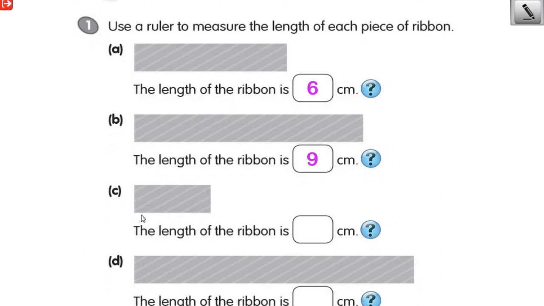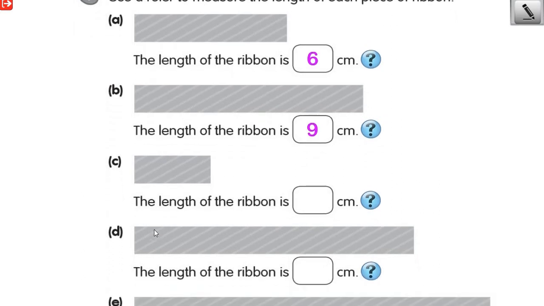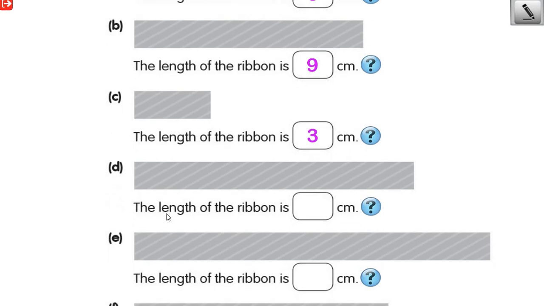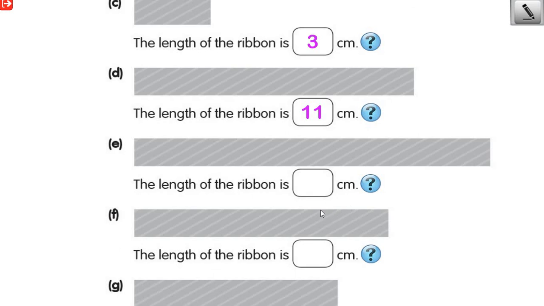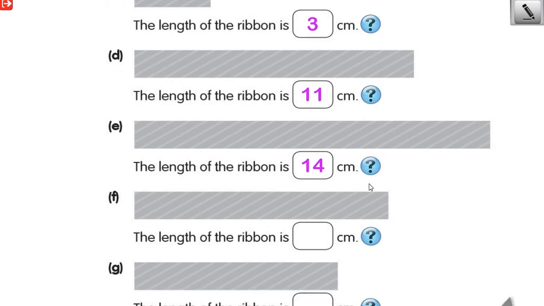How about the length of ribbon C? Another 5 seconds. What is the answer? 3. How about number 1D? What is the length of this ribbon? The length of ribbon D is 11. How about E? The length of ribbon E, 5 seconds. The length of ribbon E is 14 centimeter.